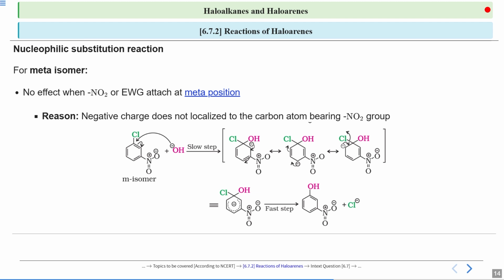That's why we have said that if the electron withdrawing group is present at the ortho and the para position, then it is going to increase the reactivity of haloarenes towards this reaction, because the negative charge is localizing over the carbons bearing the NO2 group, due to which the NO2 group or electron withdrawing group shows its effect of withdrawing the electrons from the benzene ring and makes the benzene ring available for the attack of the nucleophile more easily. Okay, so this is the case.